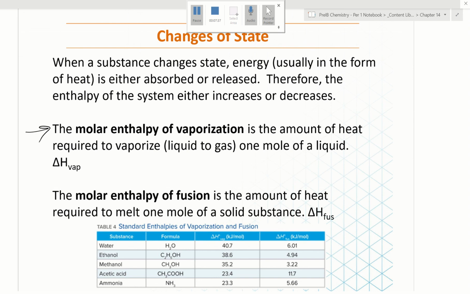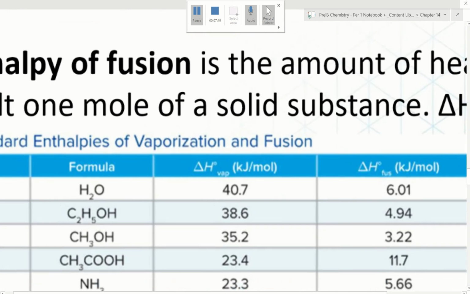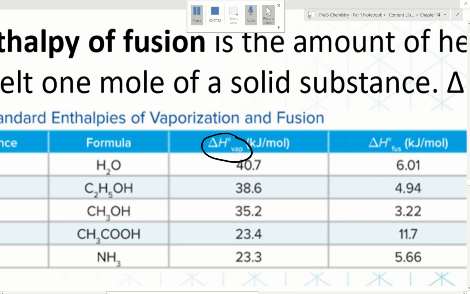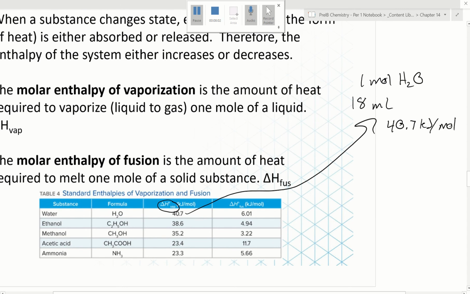So if I have 1 mole of water, which is about 18 milliliters, so that's 1 mole of H2O, then the heat of vaporization, if I look at this table down here, the delta H of vaporization is 40.7 kilojoules per mole. So for every 18 milliliters of water, which is about the volume of 1 mole of water, I would need 40.7 kilojoules to turn it from a liquid to a gas.